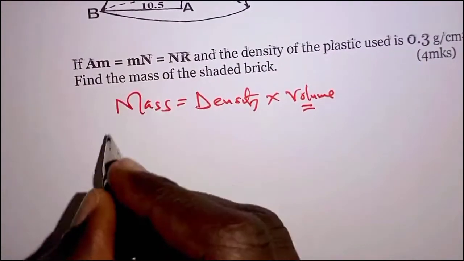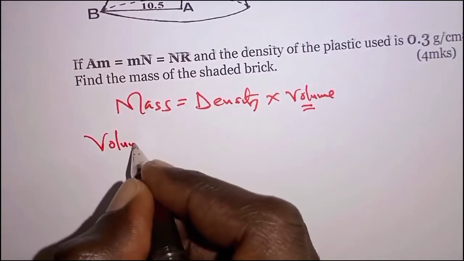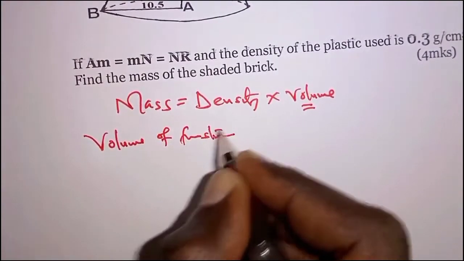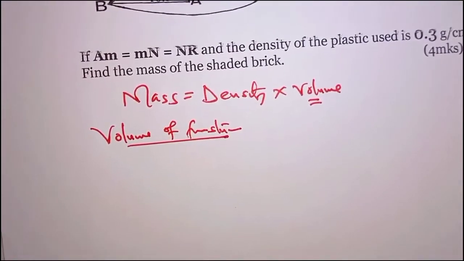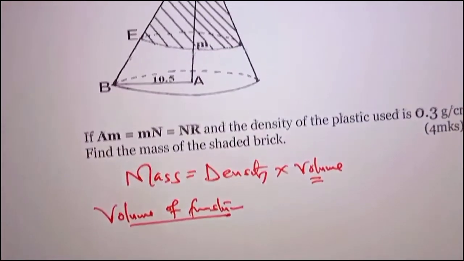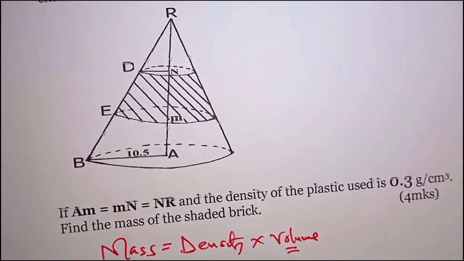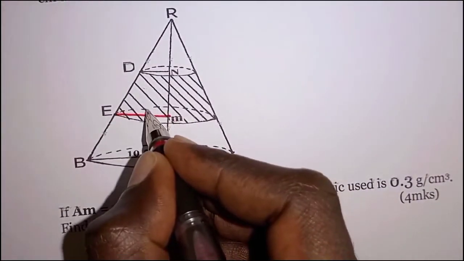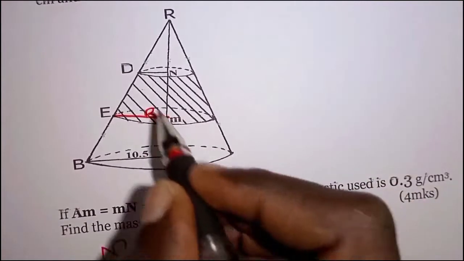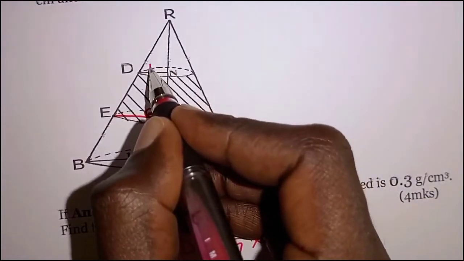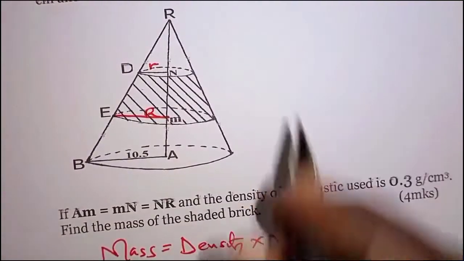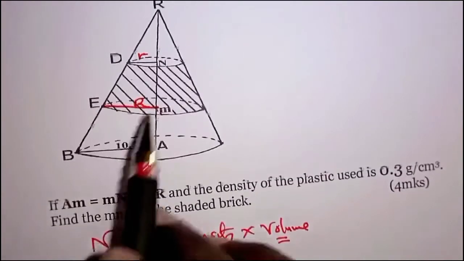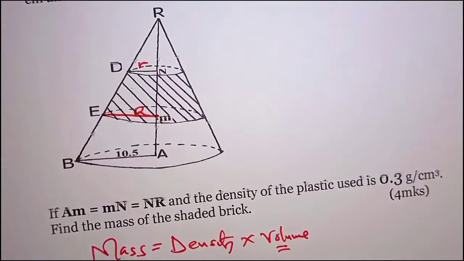So let's determine the volume of the frustum. So we are going to determine the base radius of the frustum. So let's call this R, and then the upper one r lowercase. So how do we determine this R?